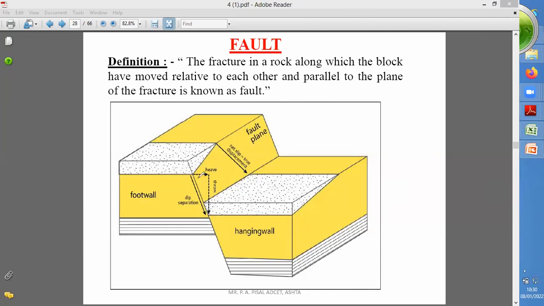Now heave is the horizontal displacement of the block. Throw is the vertical displacement of the block, and slip is the oblique or relative displacement between two blocks. That oblique displacement is considered a slip.